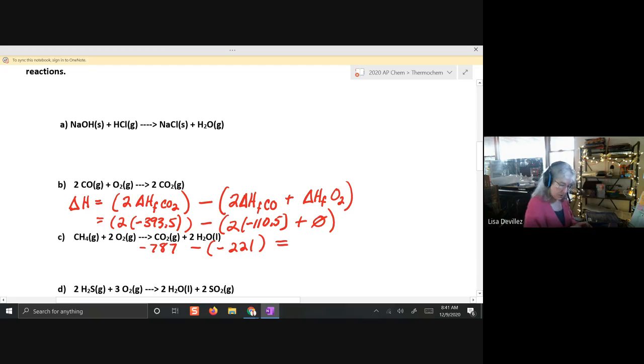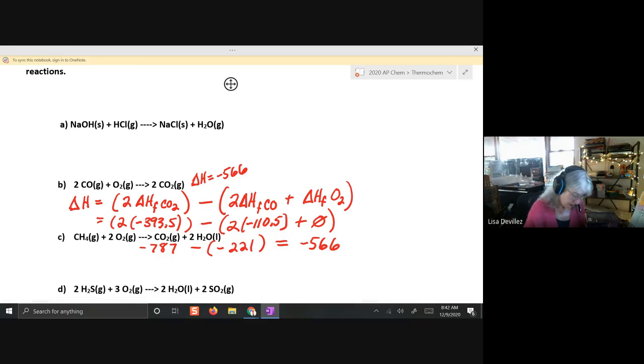So that's going to equal negative 566. So this would be the value, so if I wrote it up here, delta H for that reaction then is negative 566.